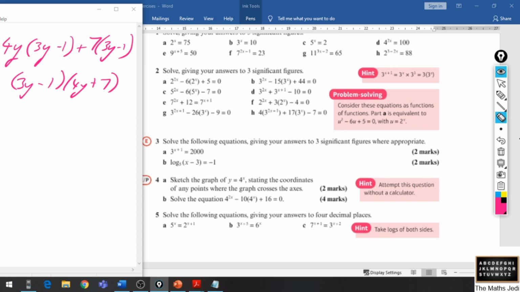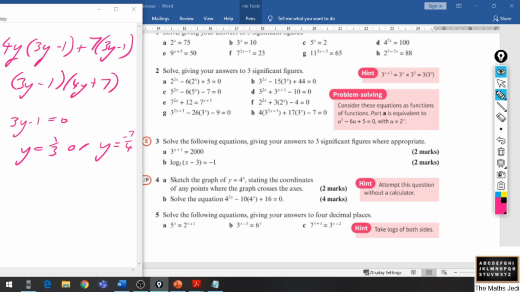What does that leave me in terms of logarithms? So y is a third, or y is minus 7 over 4.